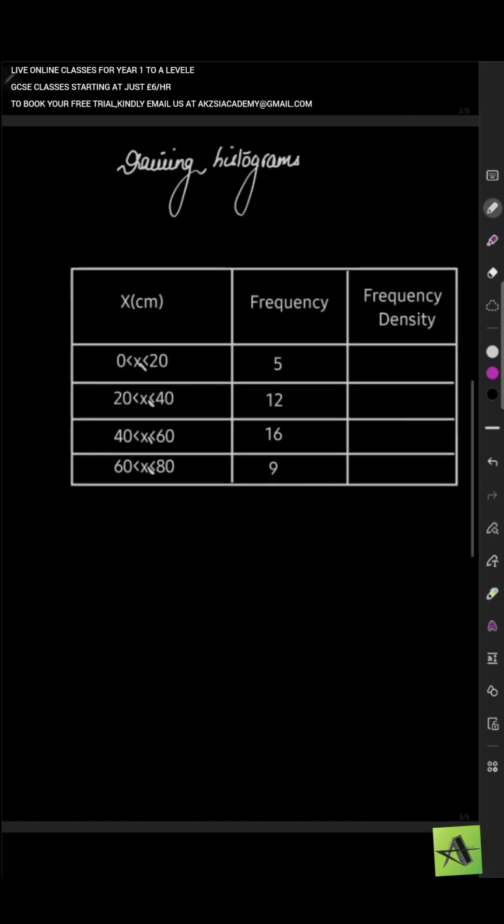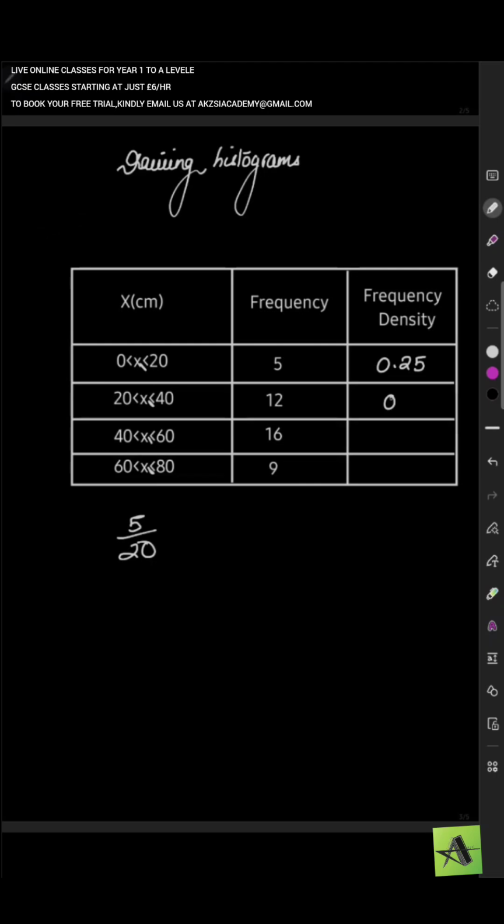So in this case, the frequency is 5 and the class width is 20 minus 0, which is 20. So 5 over 20 is 0.25. That's the frequency density for the first one. For the second one, it's 12 over class width, 40 minus 20, which is 20.